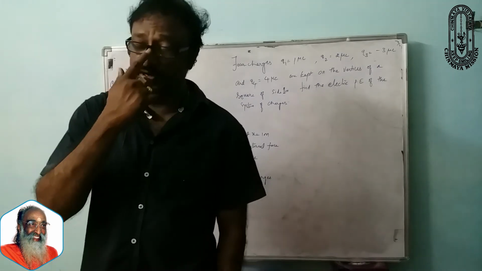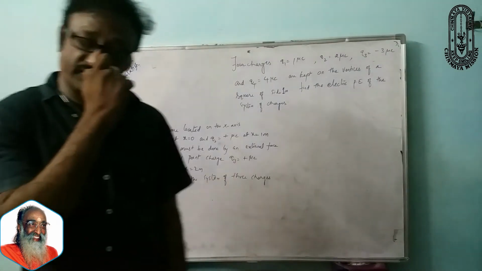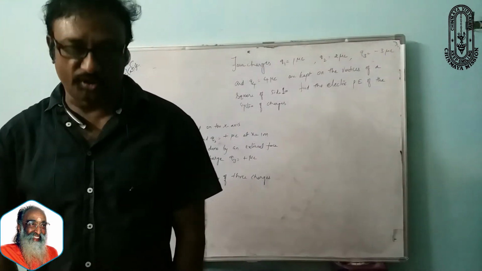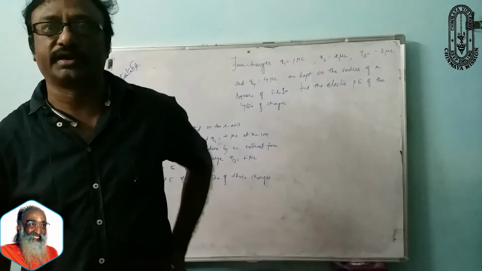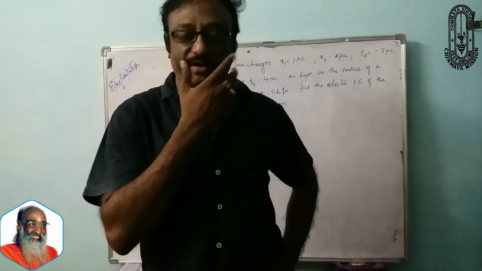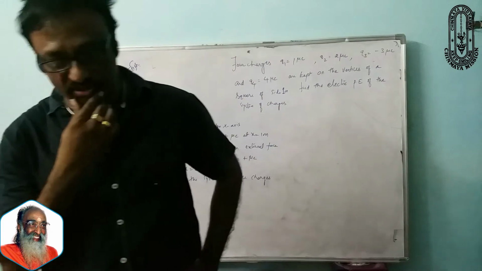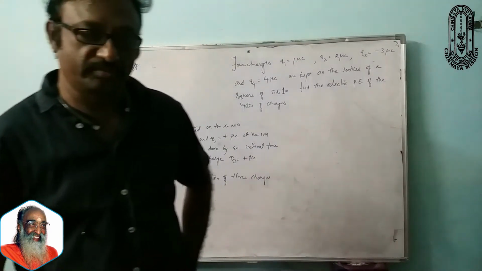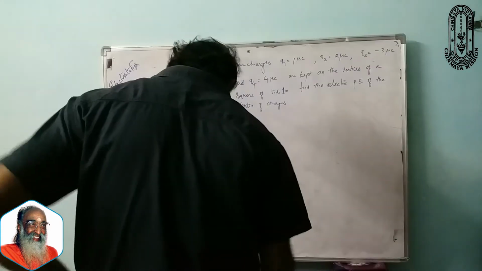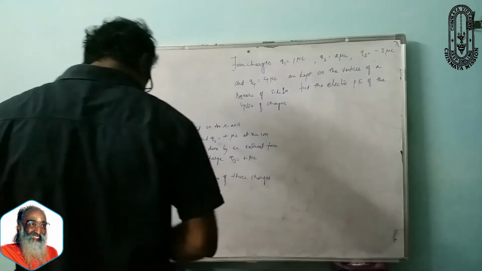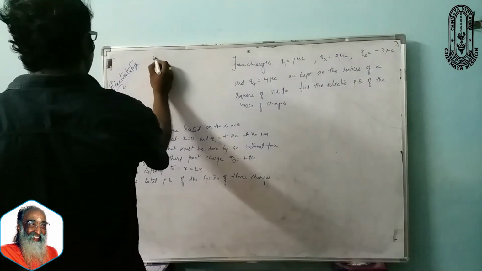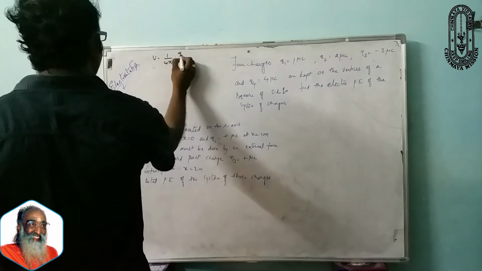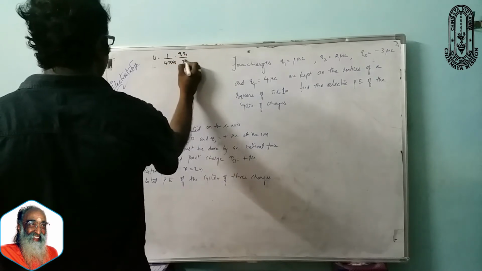Okay, now we are in the ninth session of electrostatics, and in the previous session we talked about electric potential energy. We derived an expression to find the potential energy between two charges, U is equal to 1 by 4 pi epsilon naught q q naught by r.